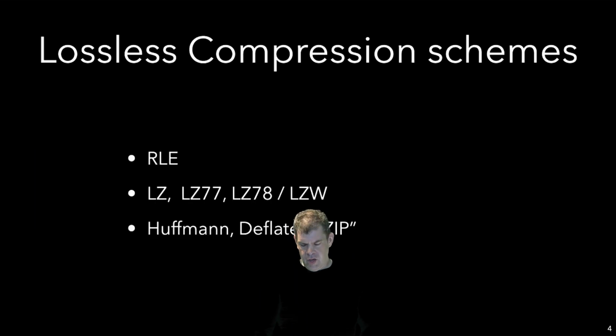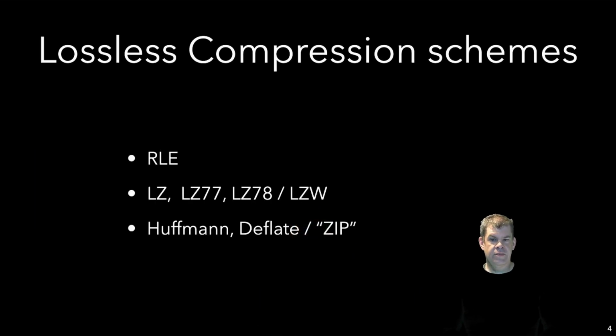So what lossless compression schemes do we have? There's really a myriad of compression schemes, a ton, and I just want to discuss a few basic schemes because they play a pretty important role. First of all, there's run length encoding, or in short RLE.